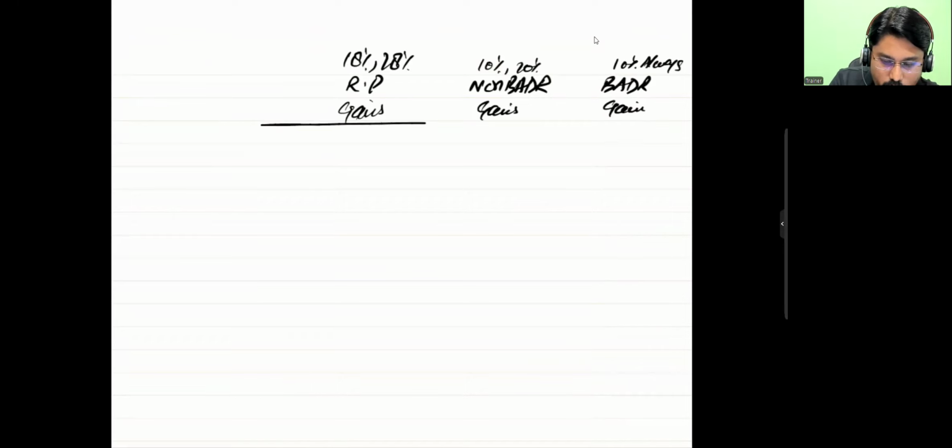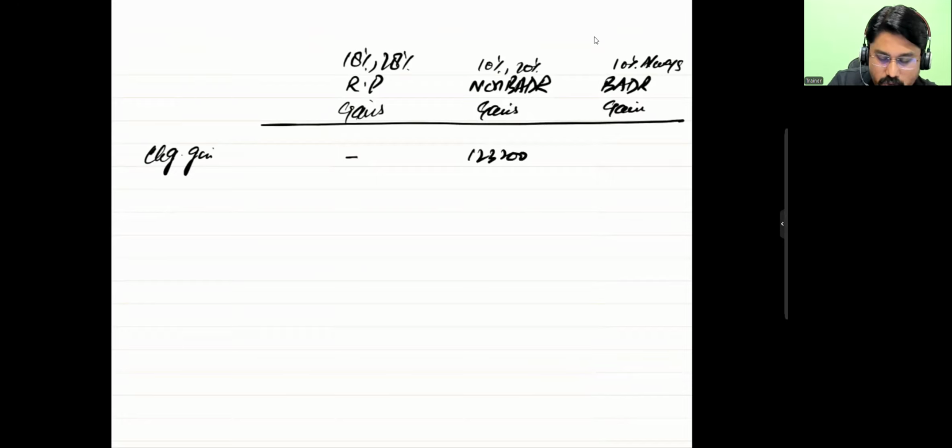And in this scenario, the chargeable gains are given. No residential property gains are there, but 123,200 are the gains which are not qualified for business asset disposal relief, and 46,400 are those gains which are qualified for business asset disposal relief.